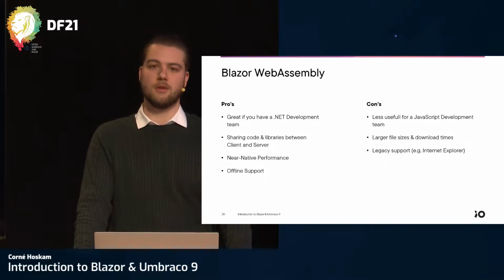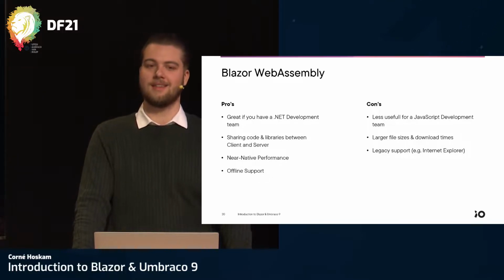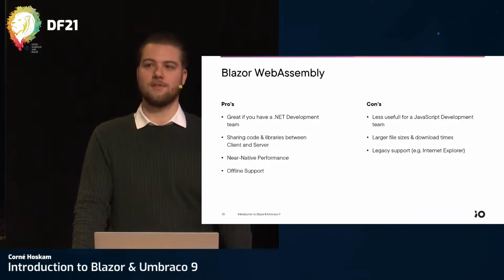There's no need to learn too much more within the language itself. The con on the other side would be that it is less useful if you already have a JavaScript development team available, because they either have to learn a new language to work with, or you have to find a way to integrate both projects together, which is very much possible, but it is something to keep in mind.